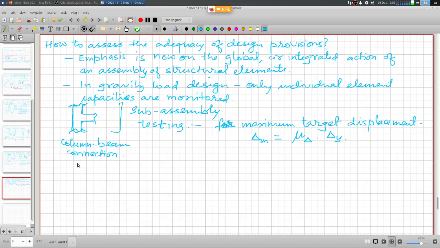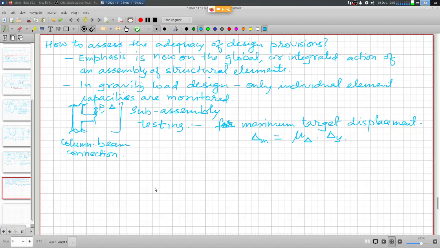So in a typical system, what I would do is put a force or displacement at the midpoint level. I can apply these actuators. So the actual system is like this.